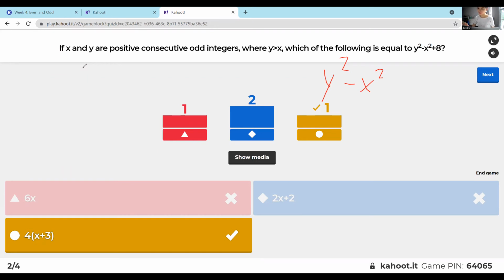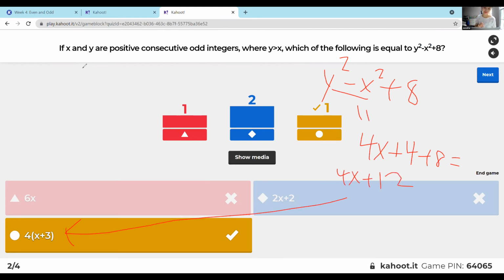If you just do the arithmetic and write it in terms of x, this part would be 4x plus 4. And then if you plus 8, that's equal to 4x plus 12, which should be factored as 4 times x plus 3.